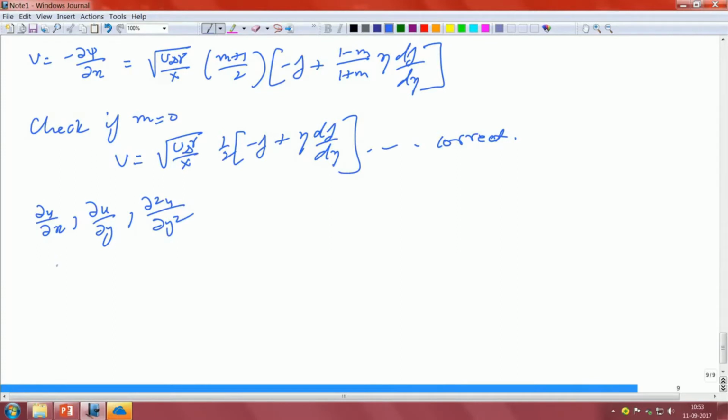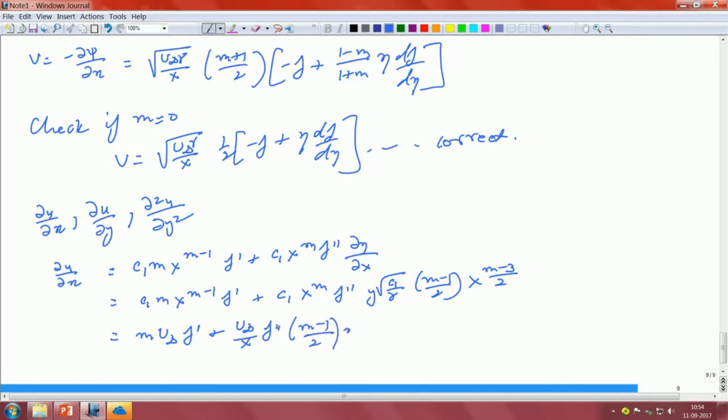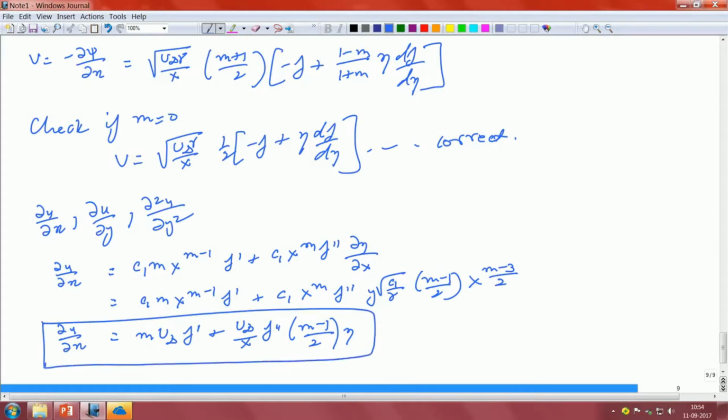So, let us write du dx, which is going to be long because we are carrying a few terms with us now. f prime plus c1, is equal to, got it.